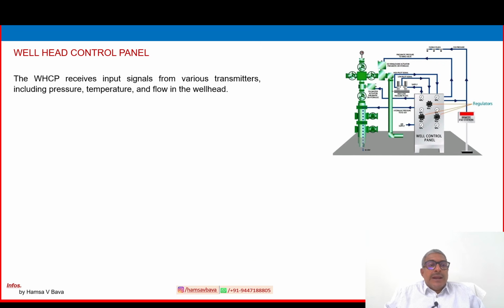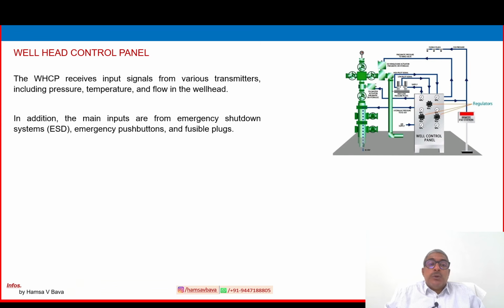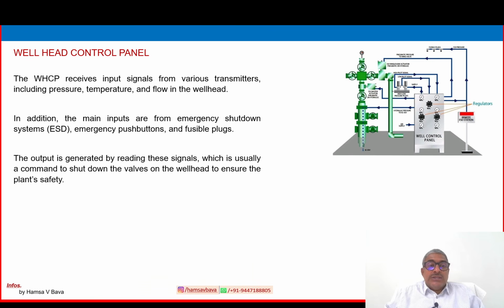The wellhead control panel receives input signals from various transmitters, like pressure, temperature and flow transmitters in the wellhead. In addition, the main inputs are from the emergency shutdown system, emergency push button or fusible plug. A fusible plug is also an indirect fire detection device. So the input is from transmitters and safety systems.